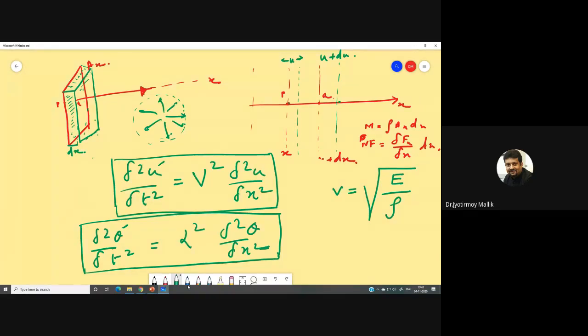Now, of course, I can write an equation for delta square theta by delta y square for three-dimensional wave propagation along the y direction, and delta square theta by delta z square for propagation in the z direction. What is alpha? Alpha is nothing but root over K plus 4/3 mu by rho.